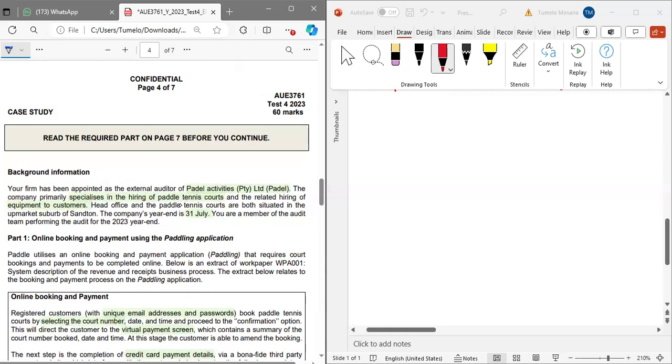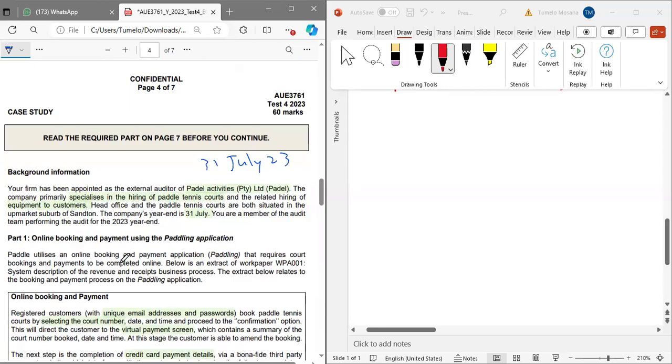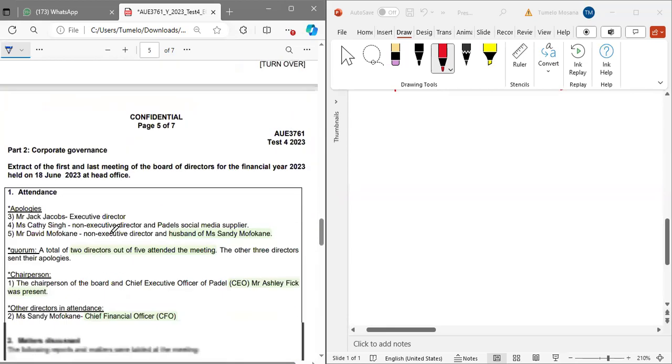So what's important for me is that the year end is 31st July 2023. This is the most important thing that I can derive from this background information, right?